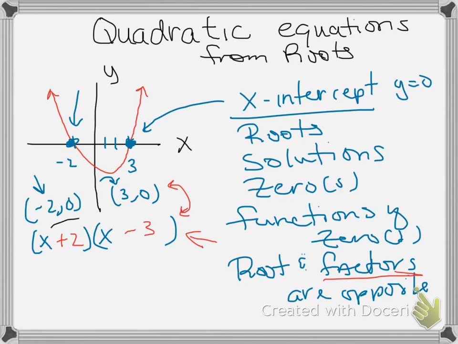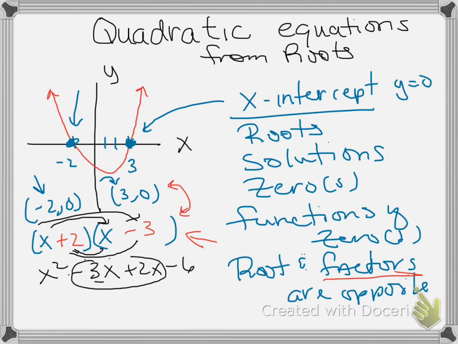You do the distributive method. So x times x is x squared. x times -3 is -3x. +2 times x is +2x. And +2 times -3 is -6. If you do this right, we will combine the middle terms.